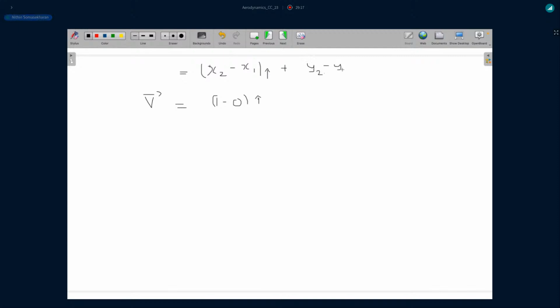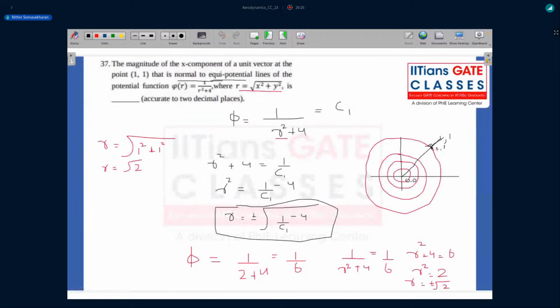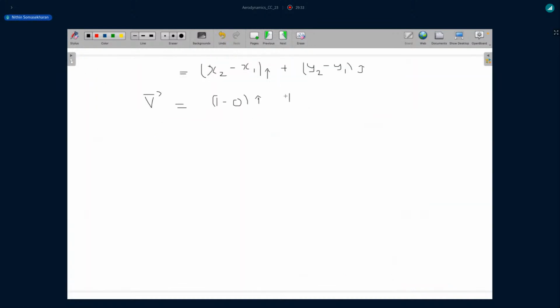Right? So this is how you would characterize your vectors, given 2 points. So here, let's say this is x2 and y2, and this is x1 and y1. So you have a vector of the form 1, comma 0, and again 1, comma 0 j cap. All right. So the equation of your vector is basically 1 I cap plus 1 j cap. All right.